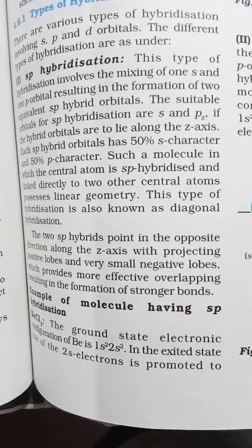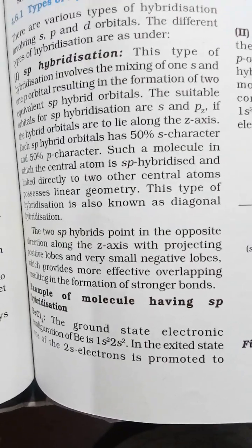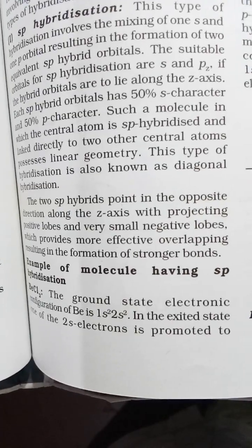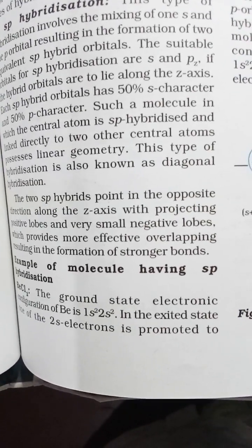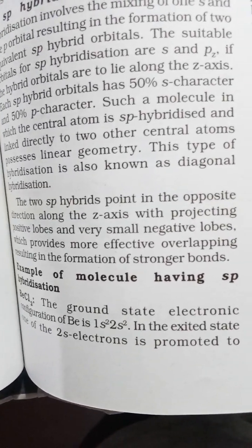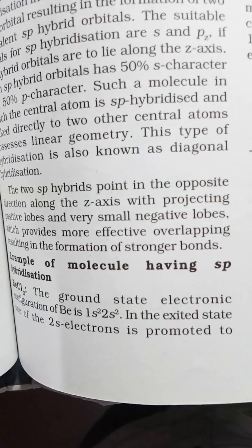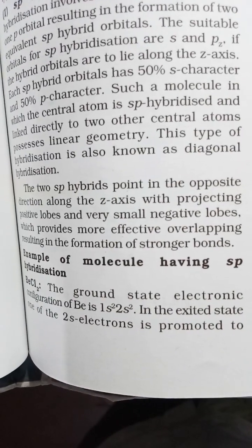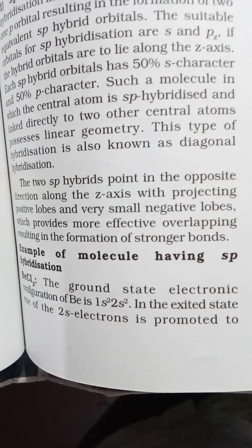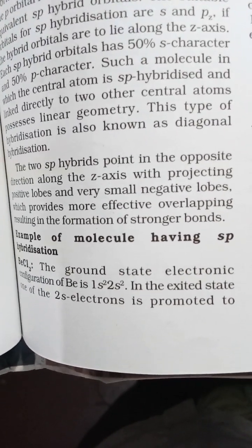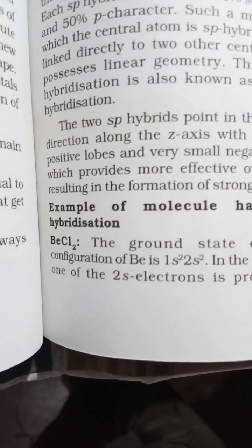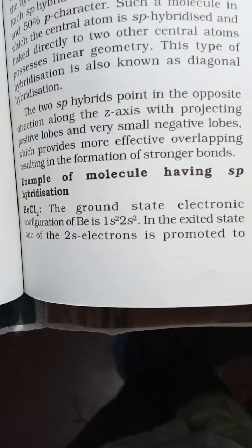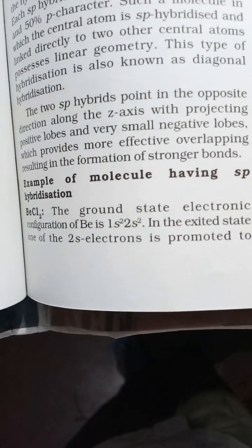This type of hybridization is also known as diagonal hybridization. The two sp hybrid orbitals point in opposite directions along the z-axis with projecting positive lobes and very small negative lobes, which provides more effective overlapping, resulting in the formation of stronger bonds. Example of a molecule having sp hybridization: BeCl2. The ground state electronic configuration of Be is 1s2, 2s2.